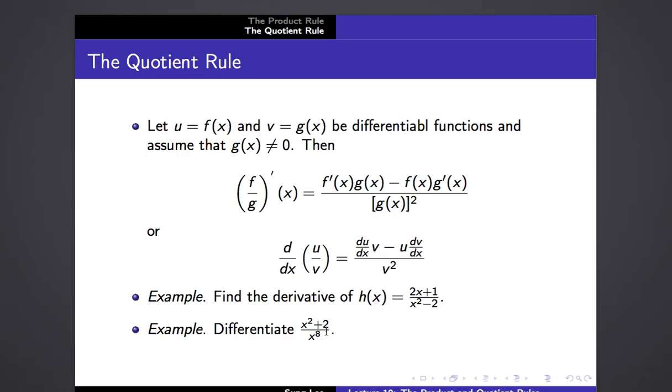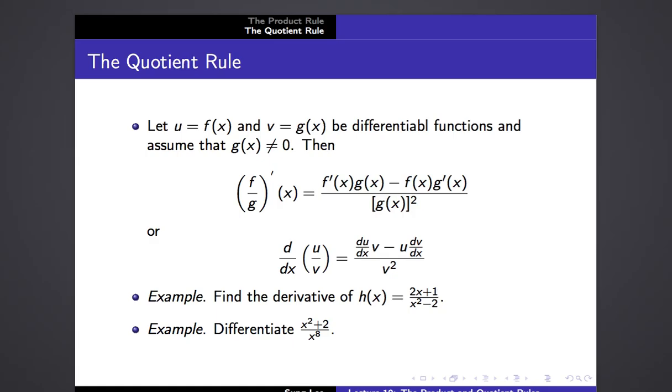But here, actually we have encountered this kind of example previously, when we talked about the power rule. In fact, in this kind of case, you can rewrite that as a form where you can apply the power law. So you can simply use the power law to find the derivative.